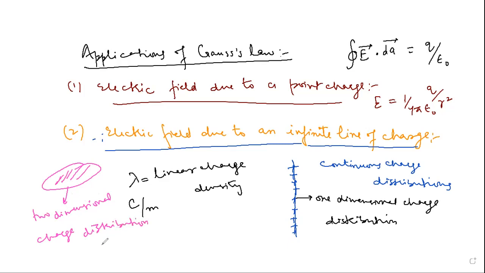Here we define a parameter denoted by sigma, which is called surface charge density. It is actually charge per unit area in the surface, as its SI unit will be coulomb per meter square. And again, this surface can have constant sigma or variable sigma, right?